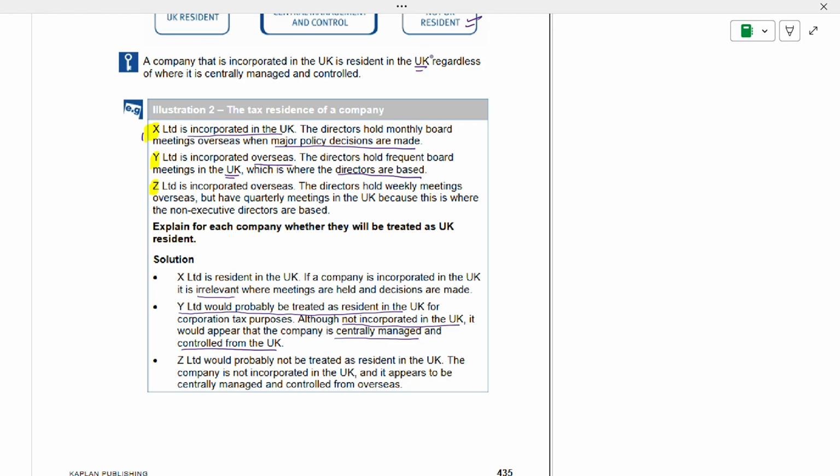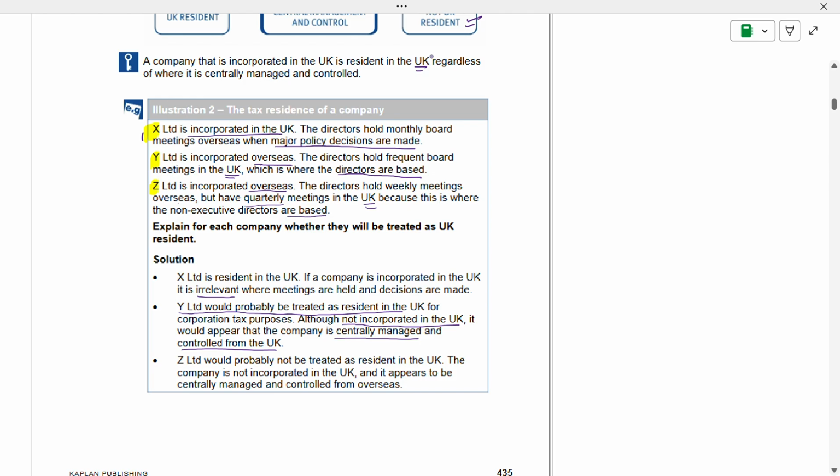Major operations are controlled in the UK. So it is going to be treated as resident in the UK.